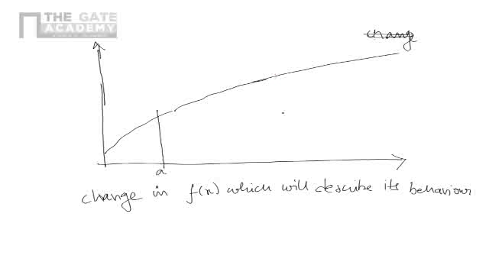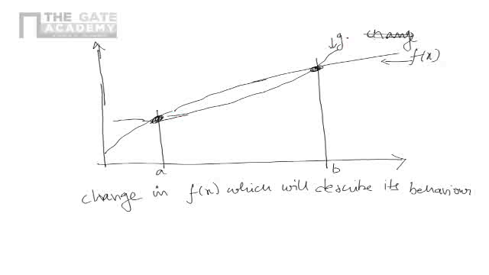We took 2 points A and B. This was f of x, correct? Then we had another function g of x like this, which almost takes the same value at a and b. This is g of x, and we found that g of b minus g of a by b minus a is equal to f of b minus f of a by b minus a.